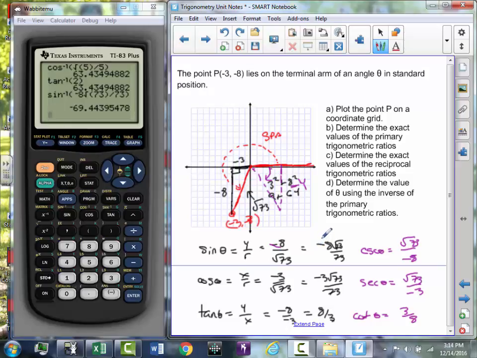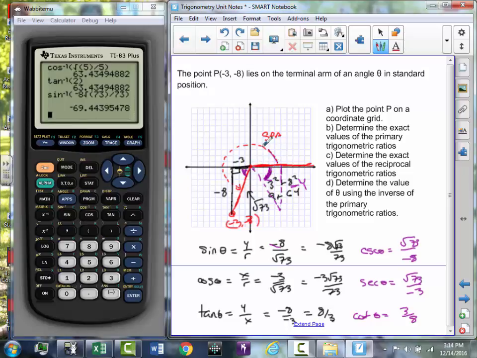Now, although that's frustrating, you just have to be smarter than your calculator, and you have to recognize that what it actually calculated was a reference angle for you. This reference angle right here is probably 69 degrees. Well, not probably, it is 69 degrees. Which means that this angle right here is also 69 degrees.